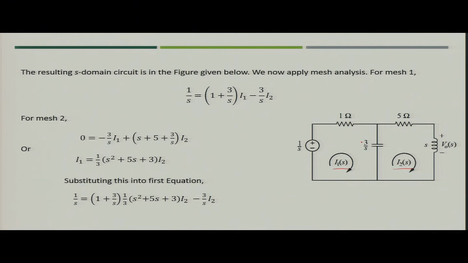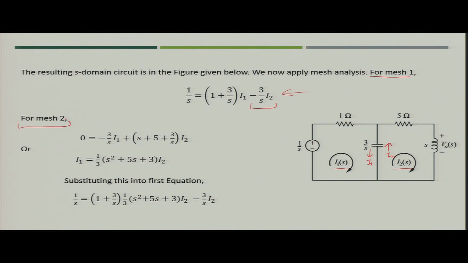For mesh 1, you can write the equation as given in the slide, that is 1 by S equal to (1 plus 3 by S) into I1, the total sum of impedance in the mesh times the current I1, minus 3 by S into I2, because for the capacitor I1 is in this direction and I2 is in the opposite direction. So, you will get another term minus 3 by S for I2.